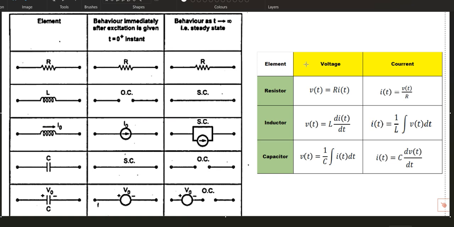At t is equal to 0 plus, the capacitor acts as a short circuit. And since we are writing KCL, the current across the capacitor is, you remember, C into dV by dt. This you remember. And the capacitor acts as a short circuit. Remember this, now we'll proceed.